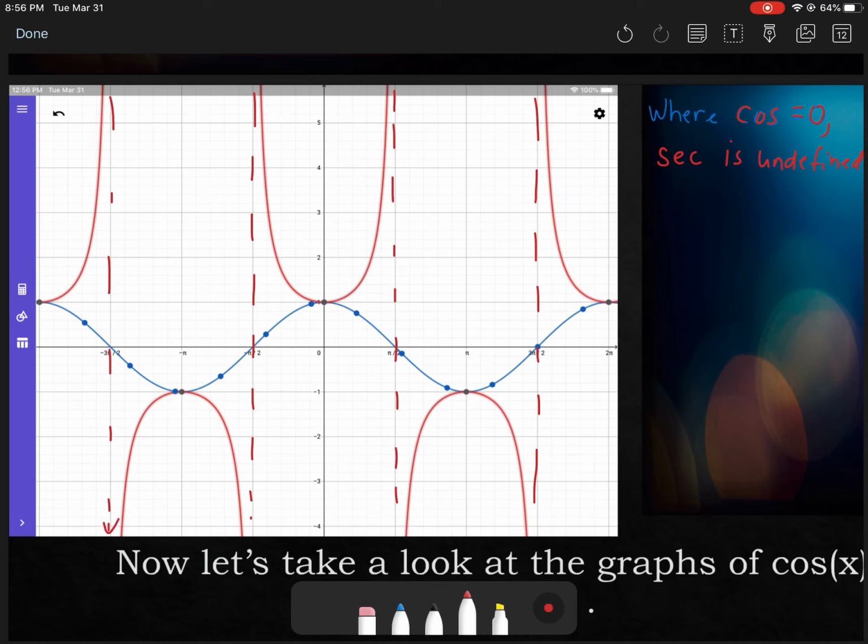Remember they're vertical lines, so they follow the form of x equals. Okay, we've got x equals negative 3 pi over 2, x equals negative pi over 2, x equals pi over 2, and x equals 3 pi over 2. Okay.